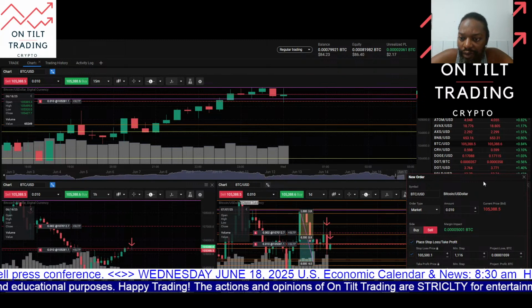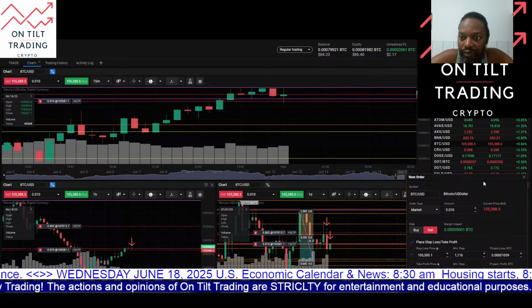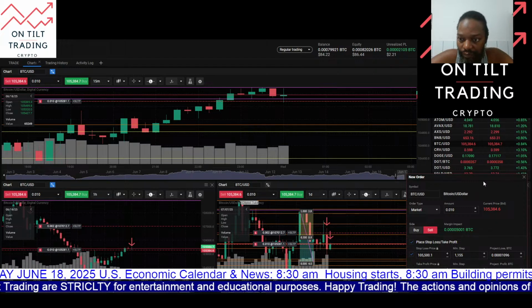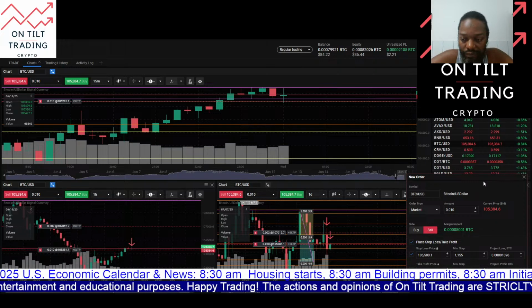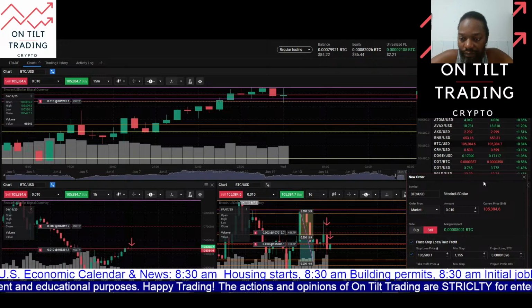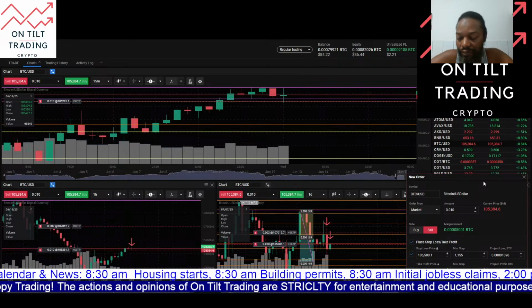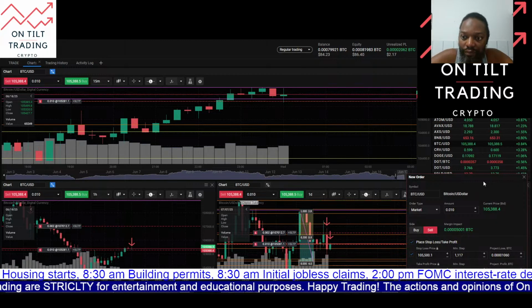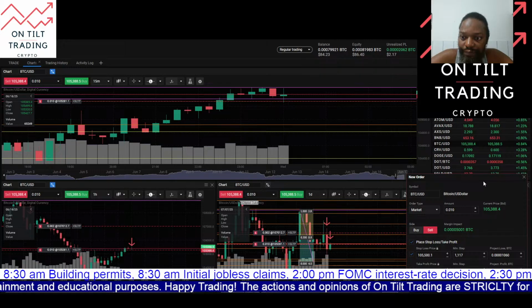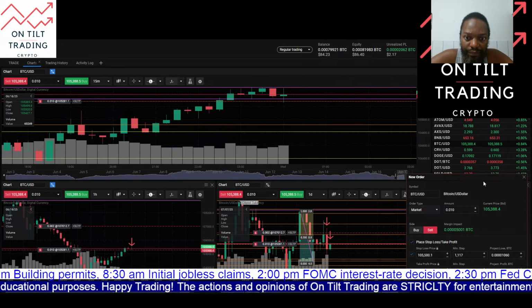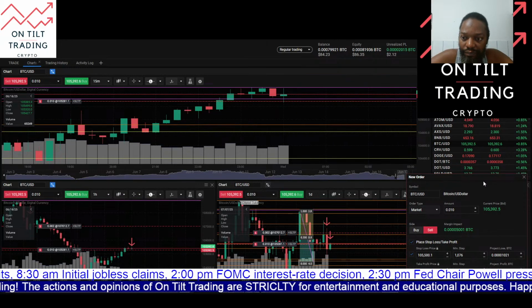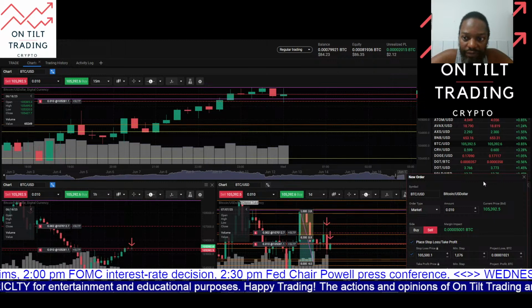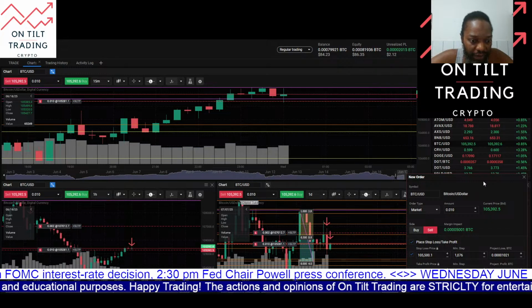Price stalling here near the 105,400 level at 105,388.5. And price consolidating here. Now price going to retest the 105,400 level here at 105,392.5.